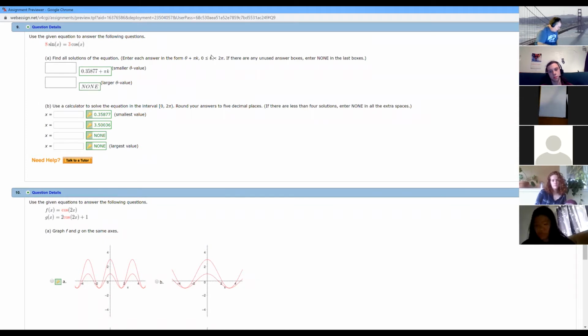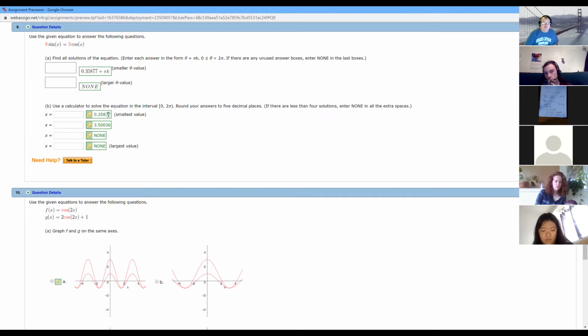Okay, so since the period is pi, you would add pi to the 0.359, and that would get you the second answer. And then you'd add 2 pi to get a third one, and then 3 pi to get the next one. In fact, in this case, can you see that 0.358 is my first answer?